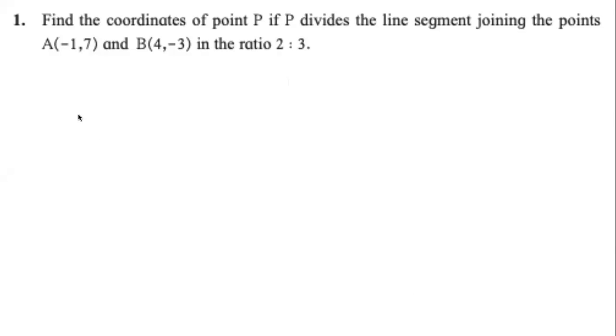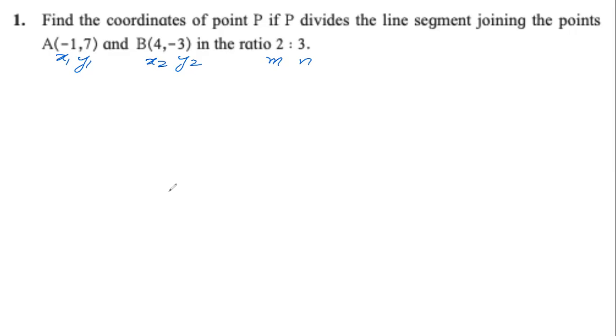Only the values are different. So in this case, x1 is -1, y1 is 7, x2 is 4, and y2 is -3. Our m is 2 and n is 3. So AB is the line segment which is divided by the point P in the ratio 2:3.